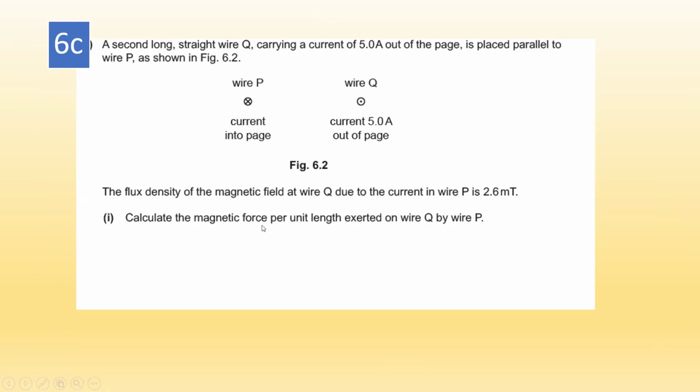Calculate the magnetic force per unit length exerted on wire Q by wire P. What formula to use?